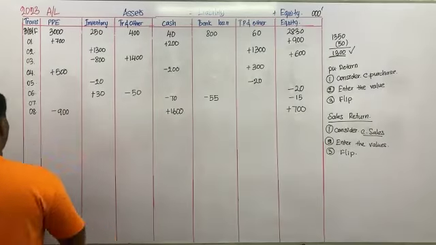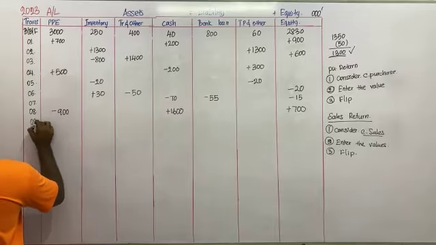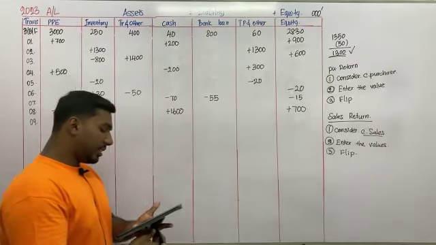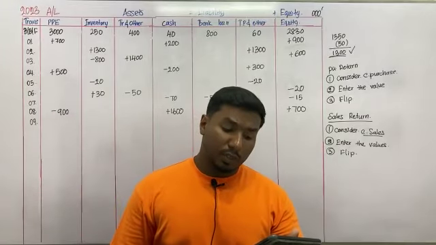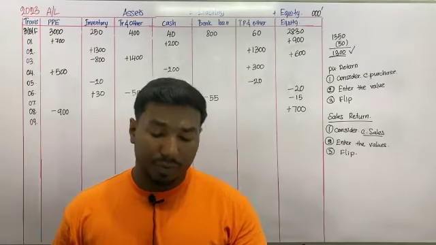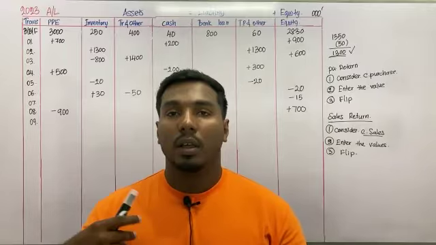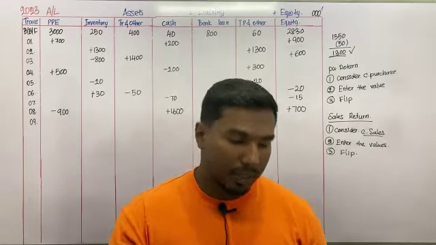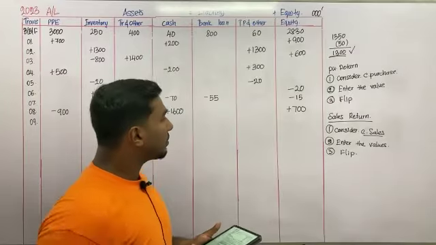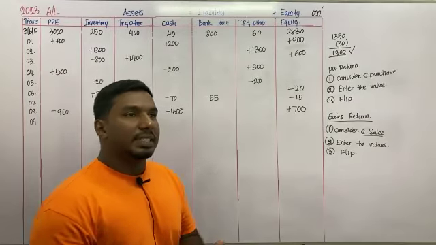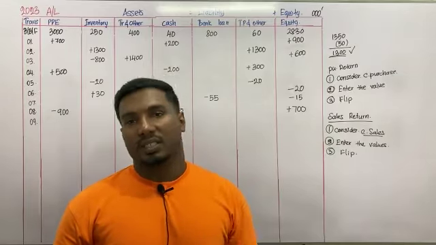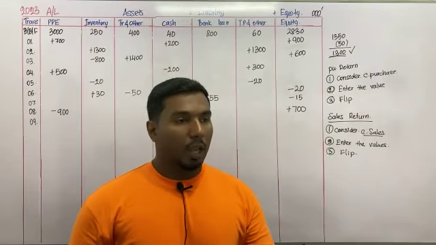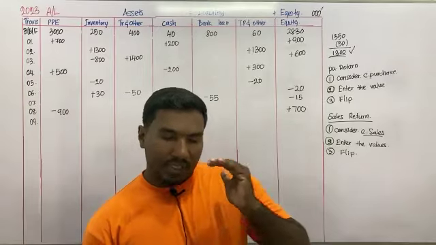Transaction number 9. Look at the transaction number 9. Rupees 900,000 cash was received from the trade debtors after allowing the discount of 10%. I did the same transaction like this when we were doing the questions in the tute. So actually, what is this transaction?